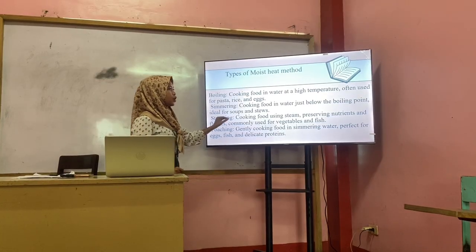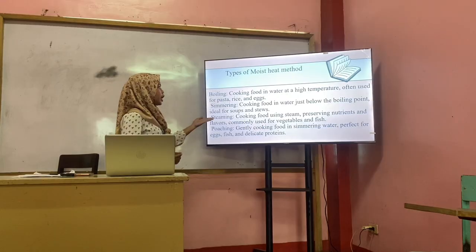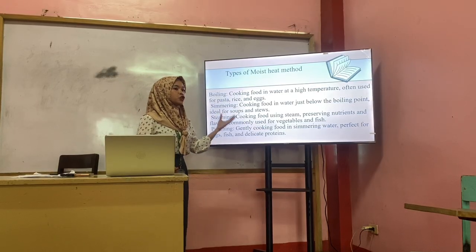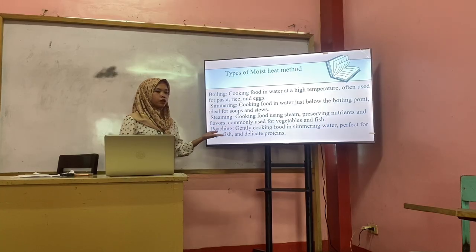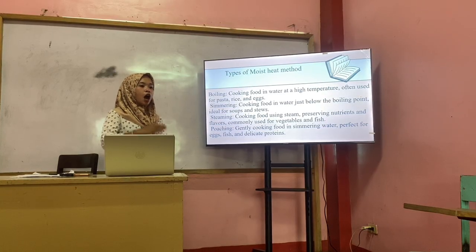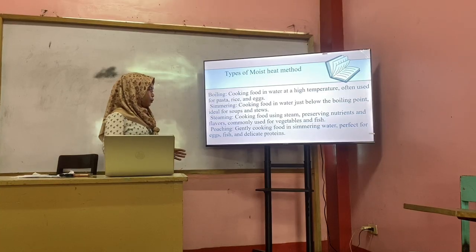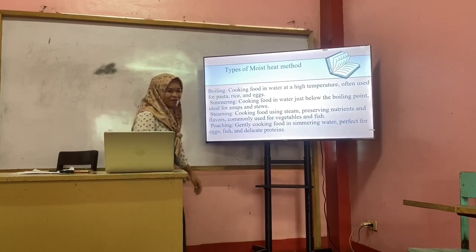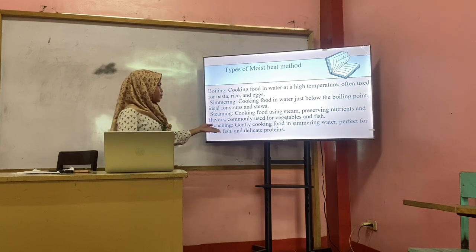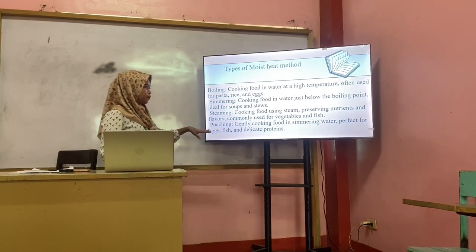Unlike simmering, which is below that, and is ideal for soups and stews. While in steaming, you cook the food above the water and let it cook until it is done. So this is commonly used for vegetables and fish.